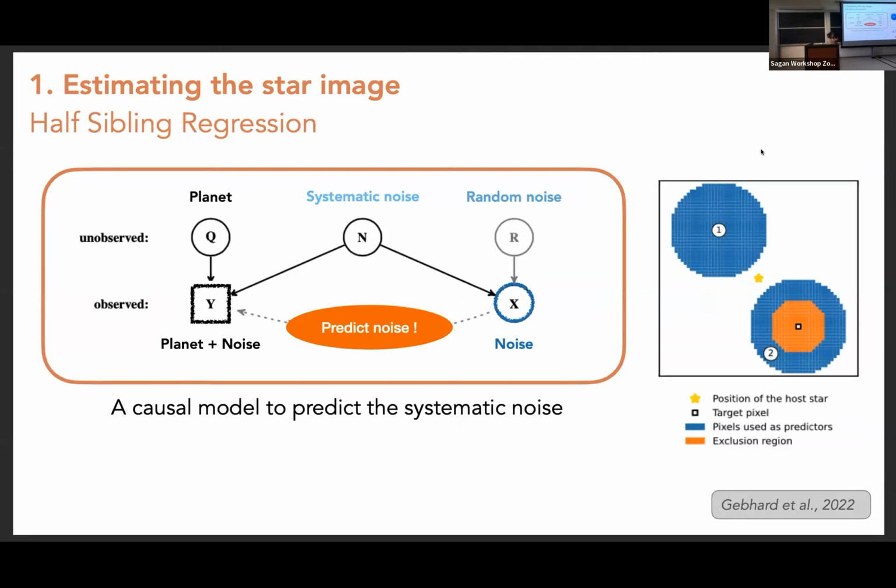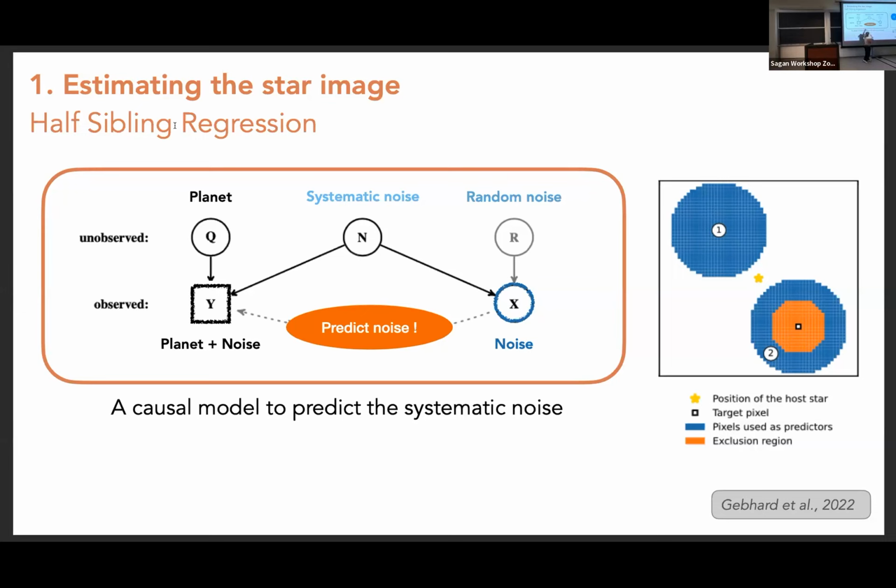There is another technique that's been recently put in place. It's a causal method. So it says like here, yeah, it's very strange. I'm going to do it by hand. I'm sorry, I'm very old fashioned. So you have a relationship between the noise you observe in the case of planet plus noise and only the noise.